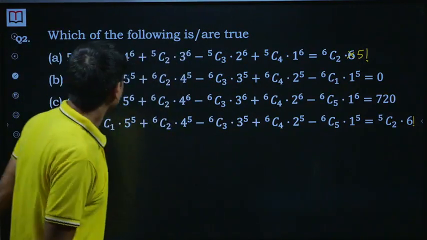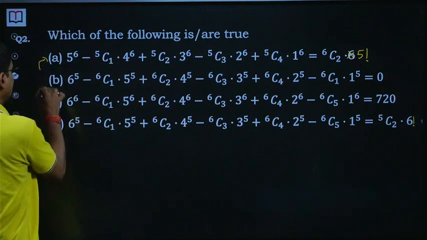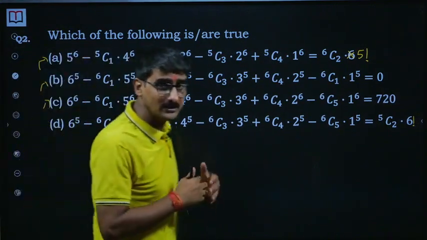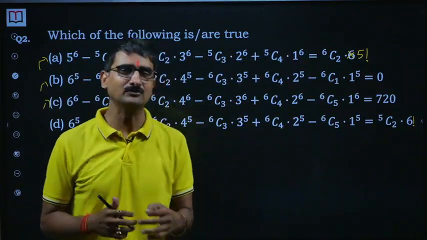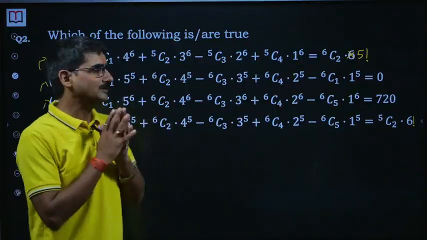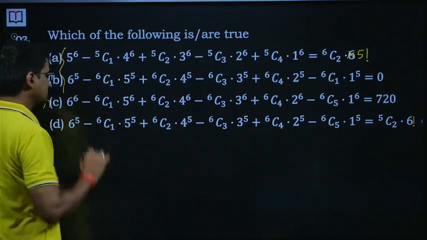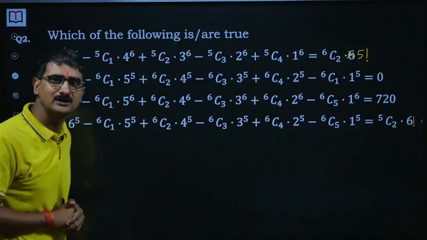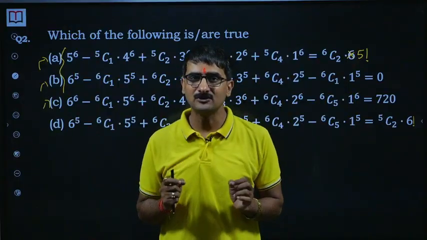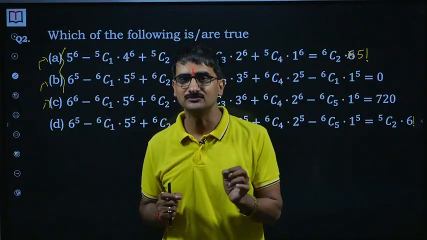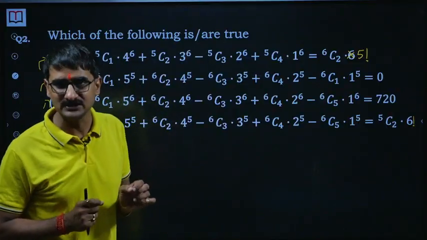Let's see. Look at these statements. If we can relate them to one or the other form which we already know, which forms are those? Looking at all four statements, they should remind us of the principle of inclusion and exclusion.